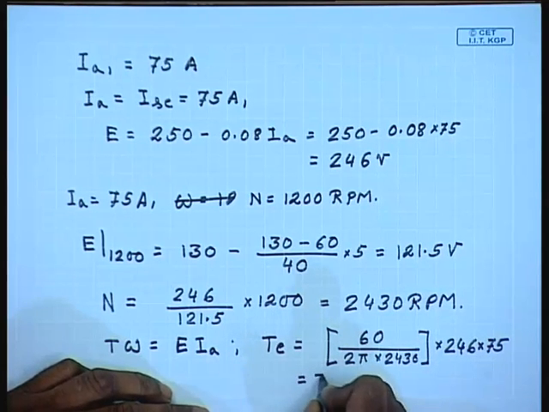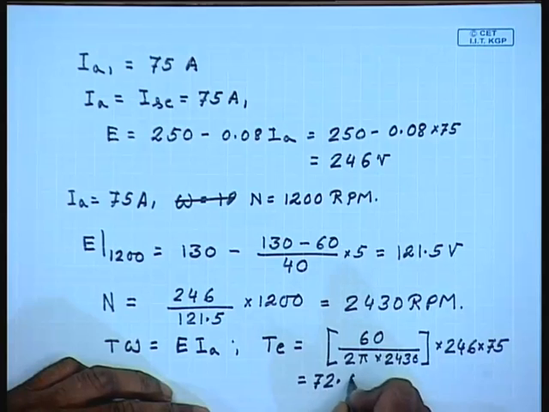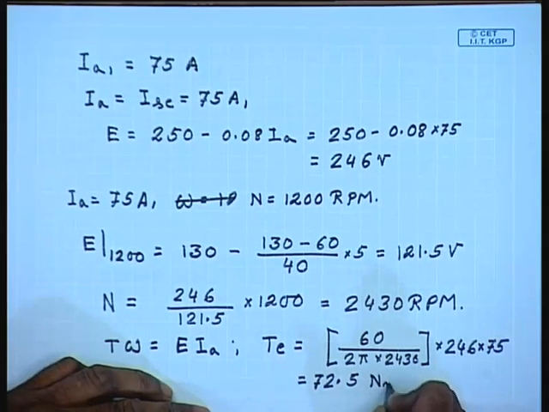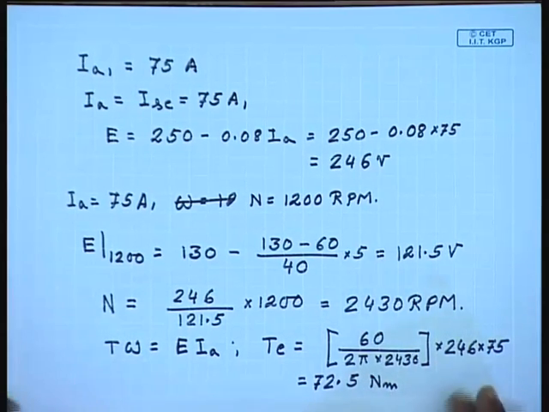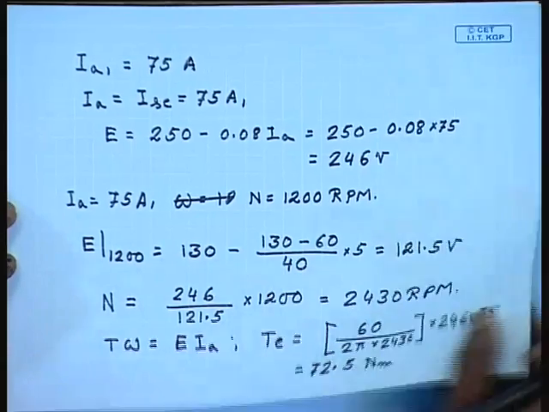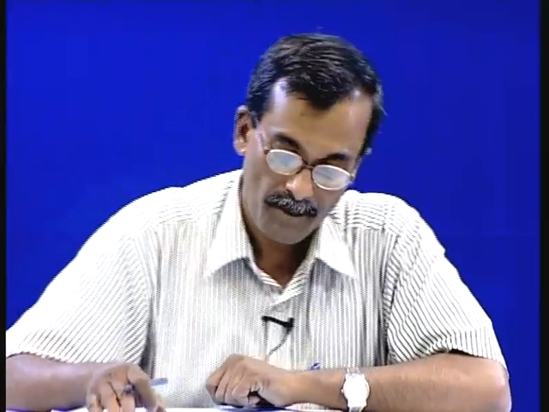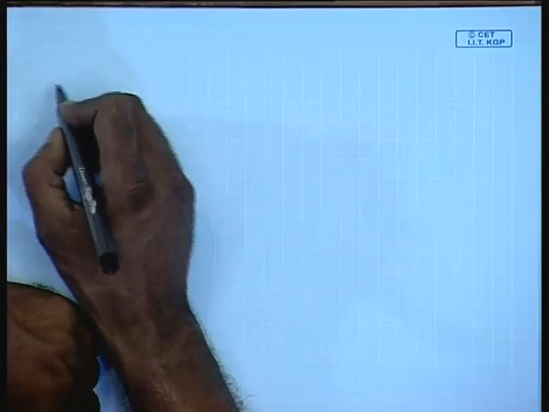This gives 72.5 Newton meter. Therefore, in this manner, for different values of armature current we can find out the torque and speed.